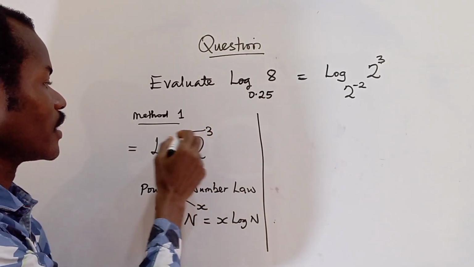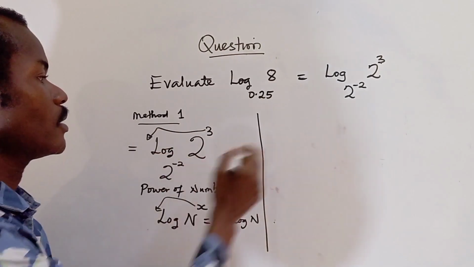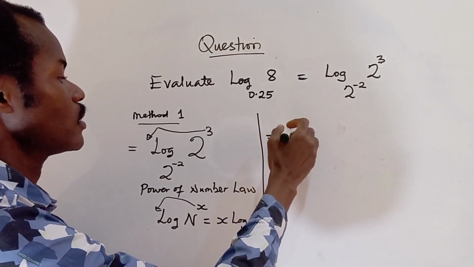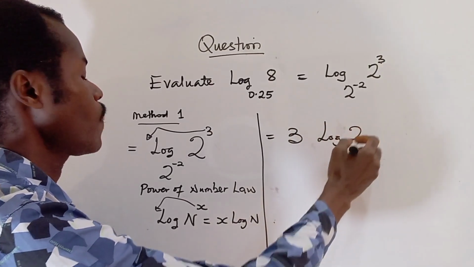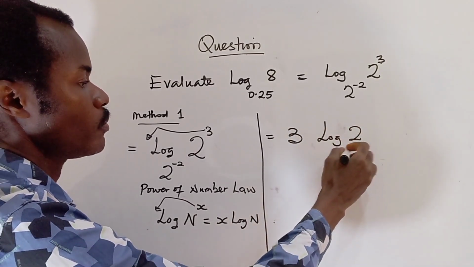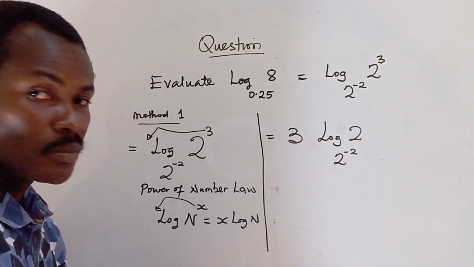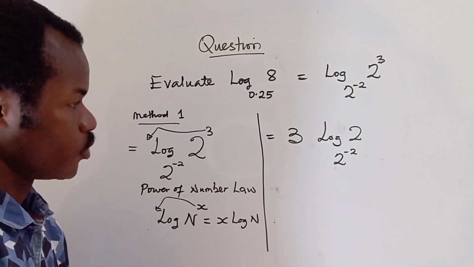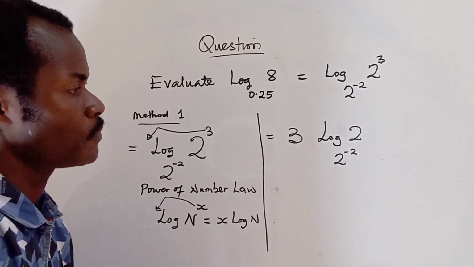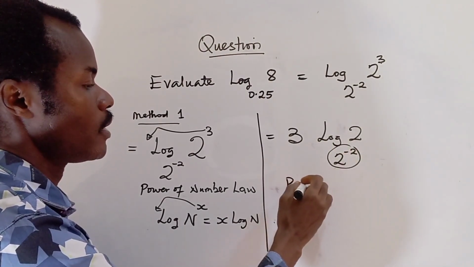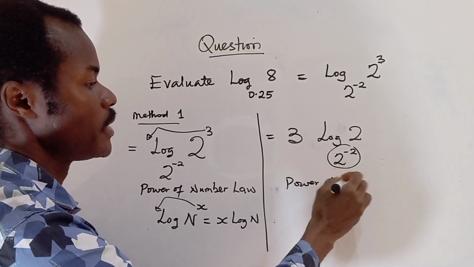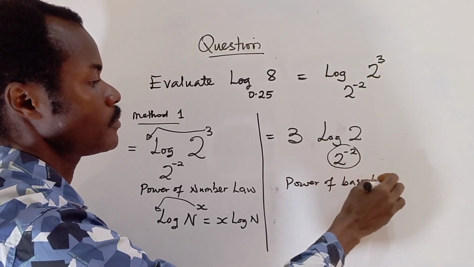So it means this 3 can also come here. So we have this as 3 multiplied by log 2, base 2 raised to the power of minus 2. Now from this, what can we also observe? We can apply another law to this base. We call that the power of base law.